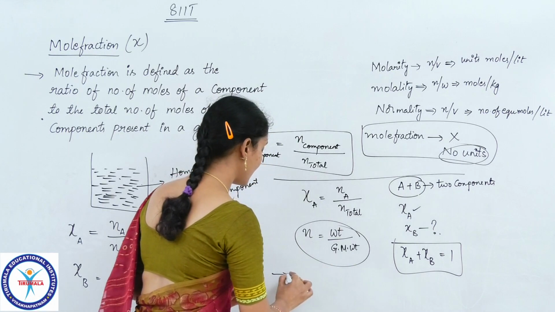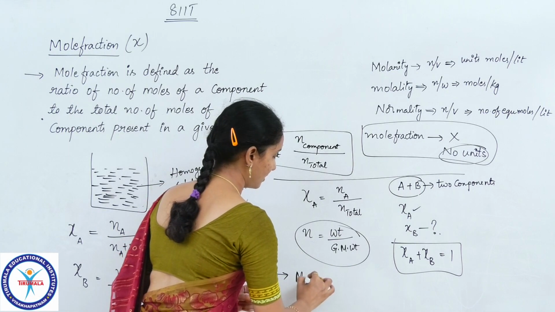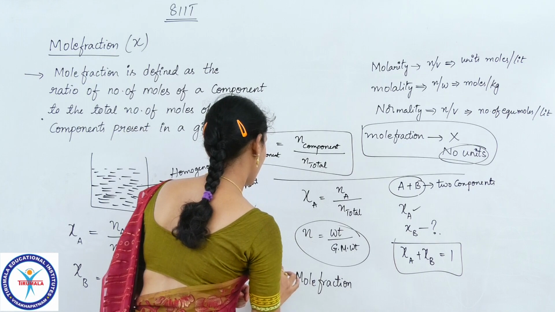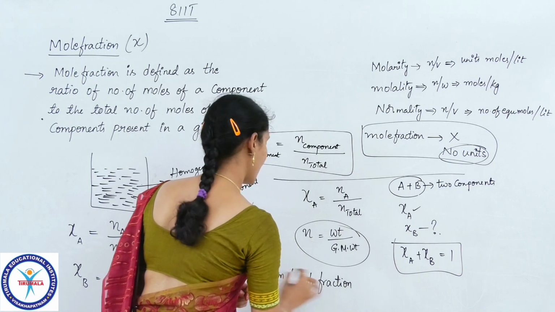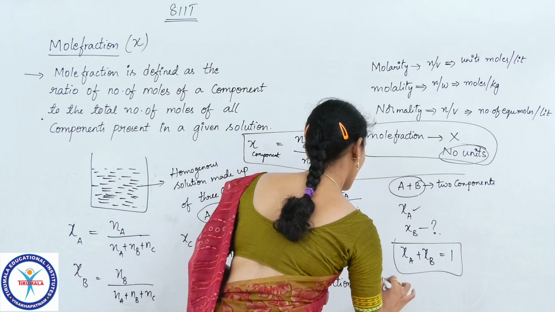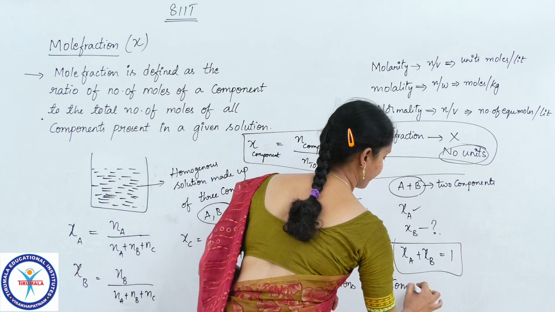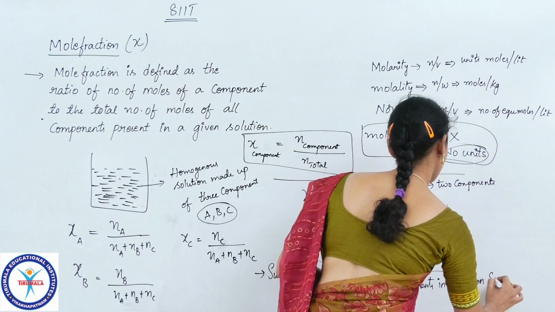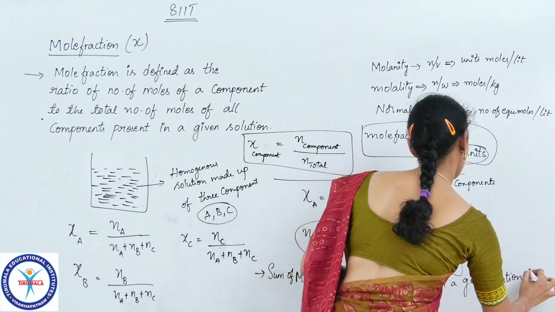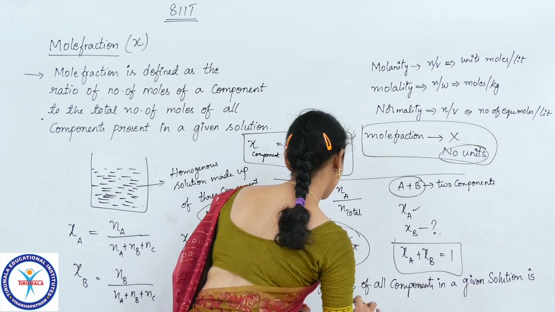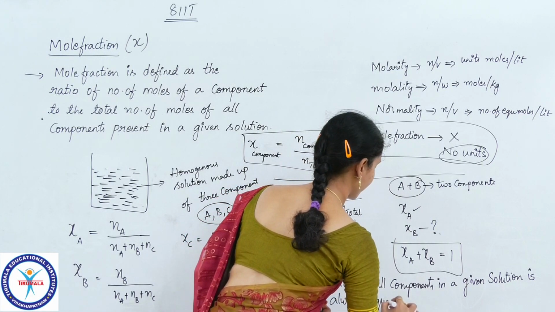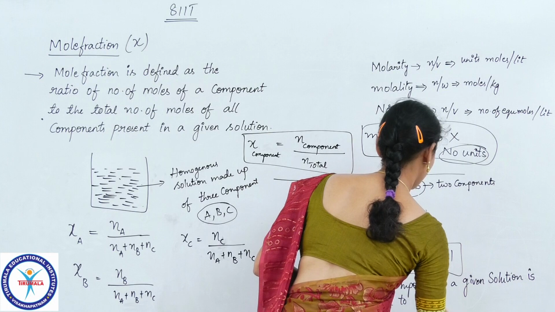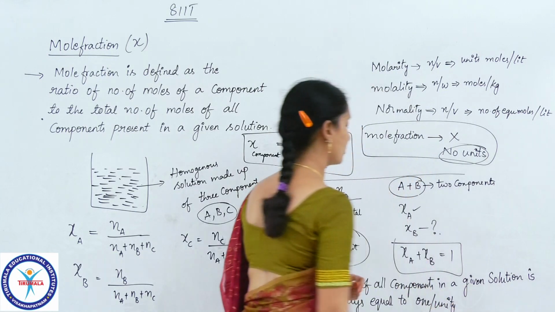So what is the final point you have to conclude? The sum of mole fractions of all components in a given solution is always equal to 1 or unity.